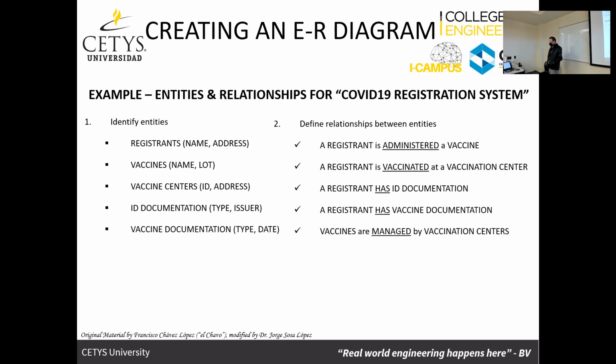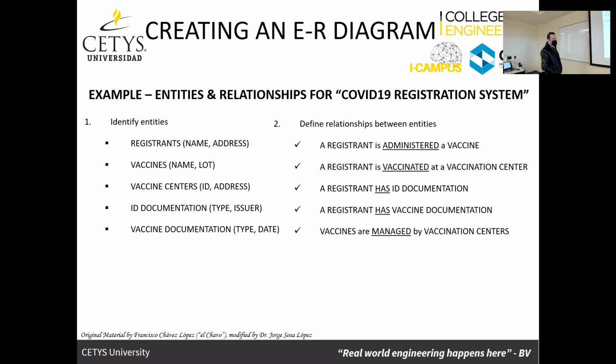It might be a little bit difficult even to identify them, but one main entity is the user. And the user of the system with regards to the person that we are gathering the vaccination information from and that we want to have this sort of vaccine passport from. So I call them registrants, but they could be citizens, they could be users, they would have name, addresses.